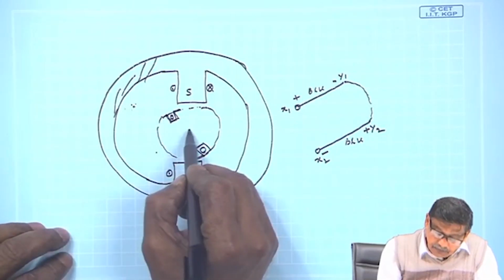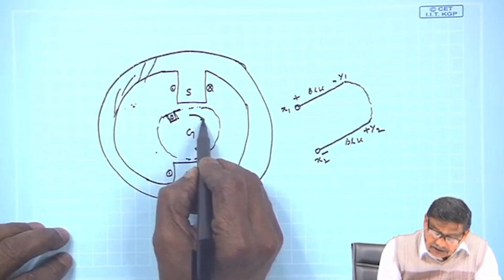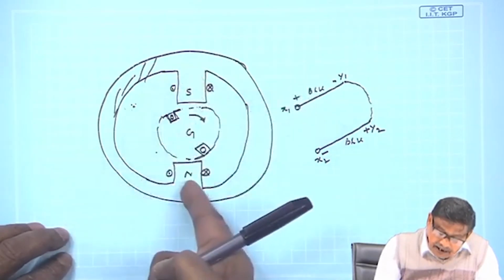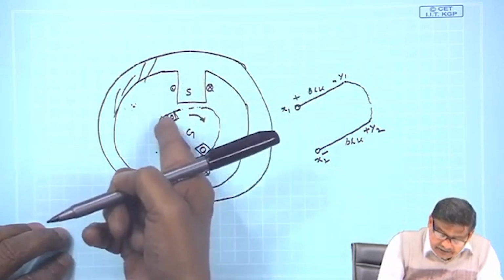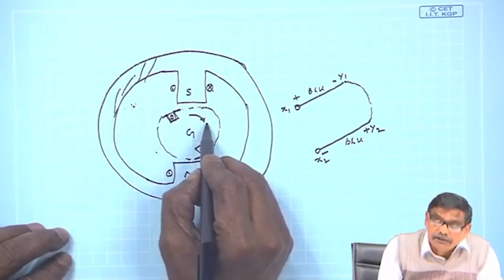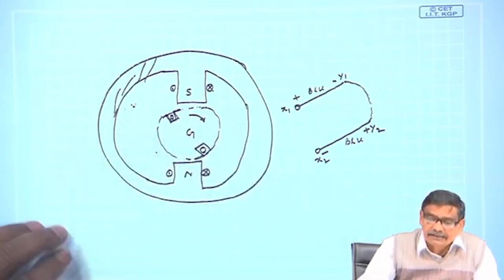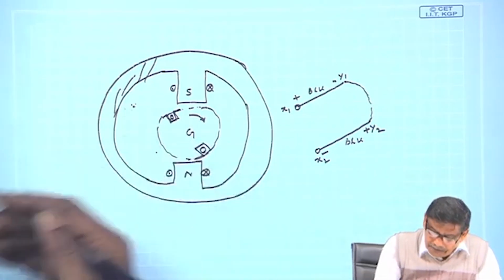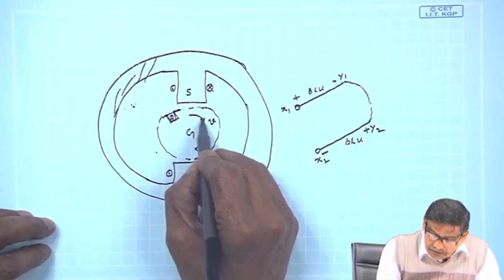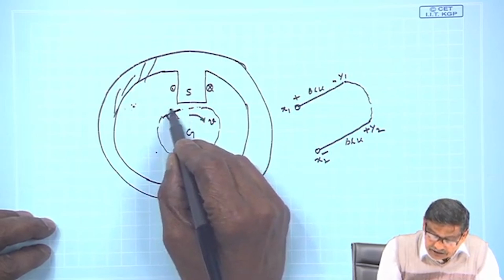Suppose in generating mode, what are the things we have to give? Create the field B, I have created, L the length of the conductors that is there, and this velocity I must provide by some external agency, say turbine or by some diesel engine, whatever it is. This will be provided by tangential velocity V.